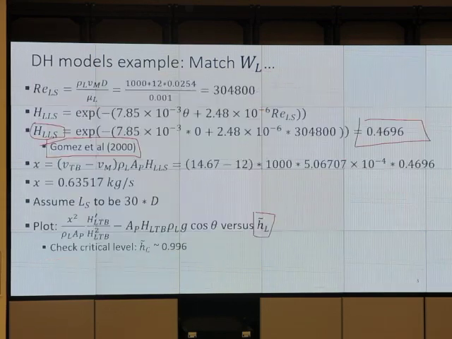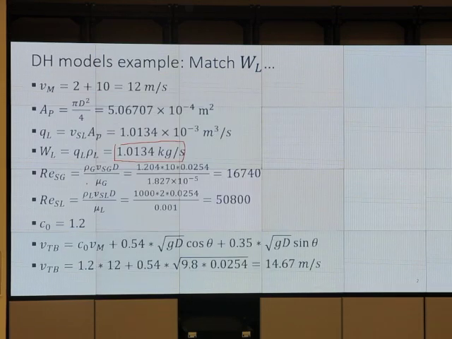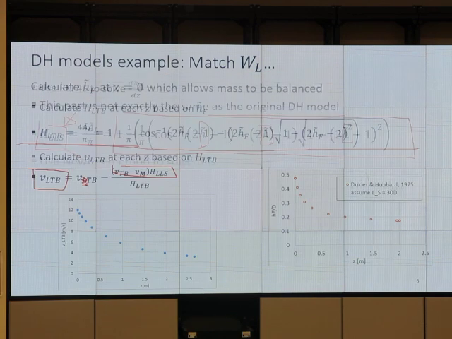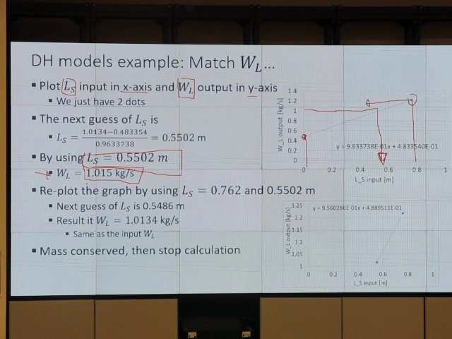What is the actual target? 1.0134. What do you get? Not 1.0134, but 1.015. So that is a little bit too much. Just a little bit too much.